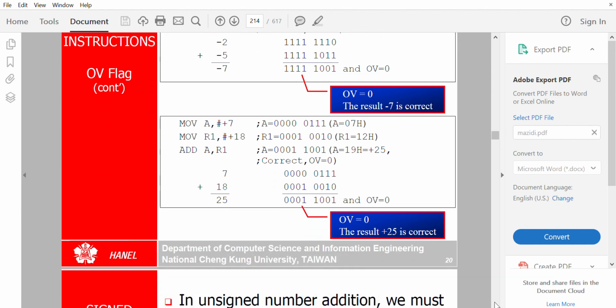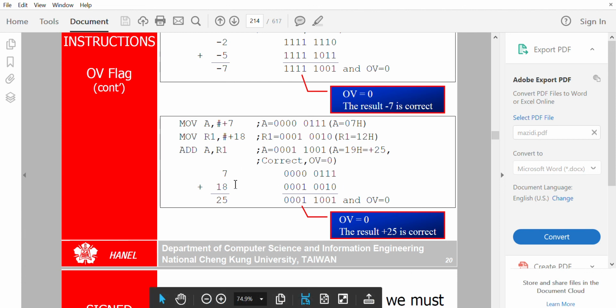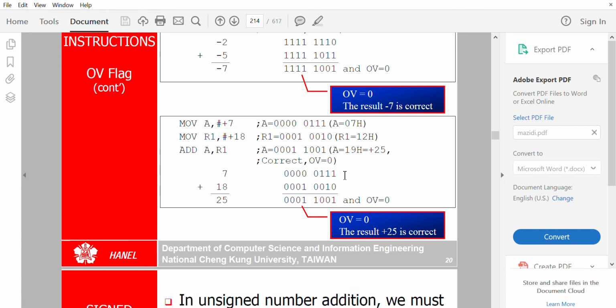Now consider the case when you are adding two numbers, 7 and 18. These are both positive numbers. So this is 7 and this is 16 plus 2, 18.